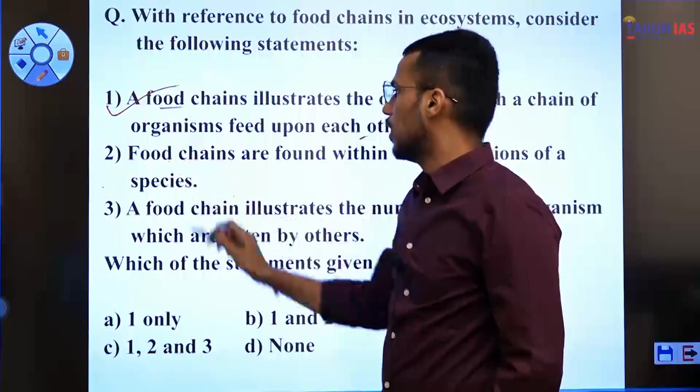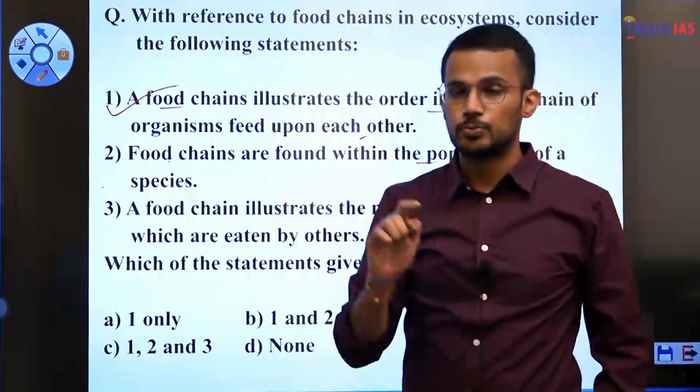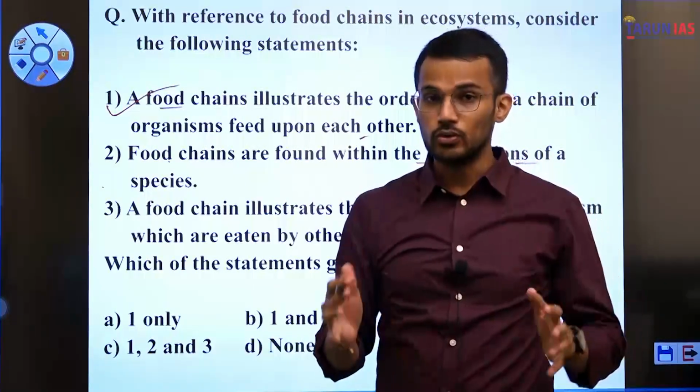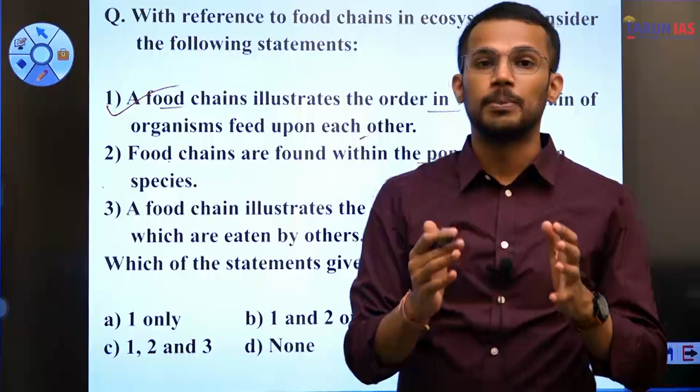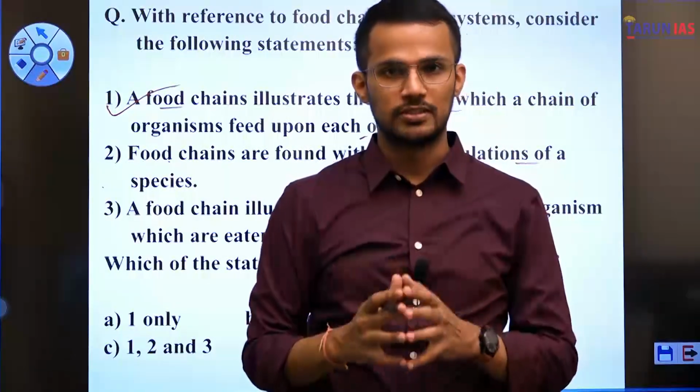The second statement is, food chains are found within the populations of a species. But we know that a food chain is between communities. It is not between species.